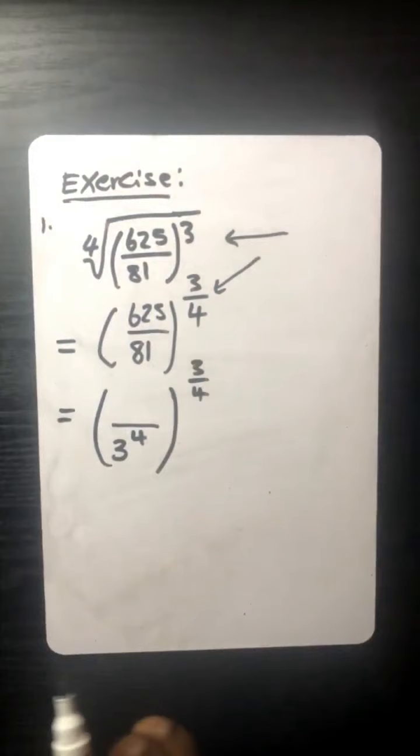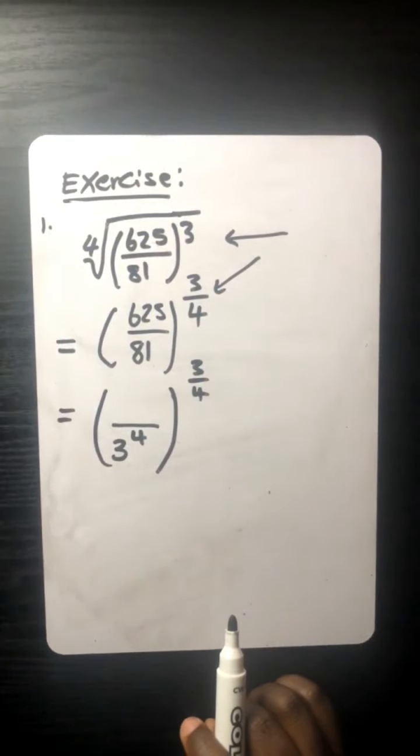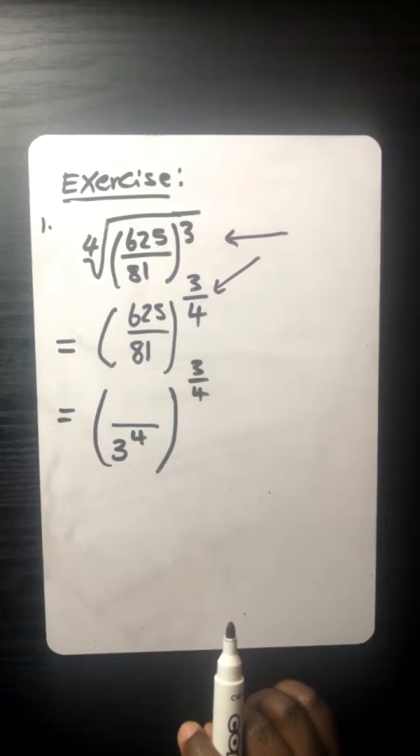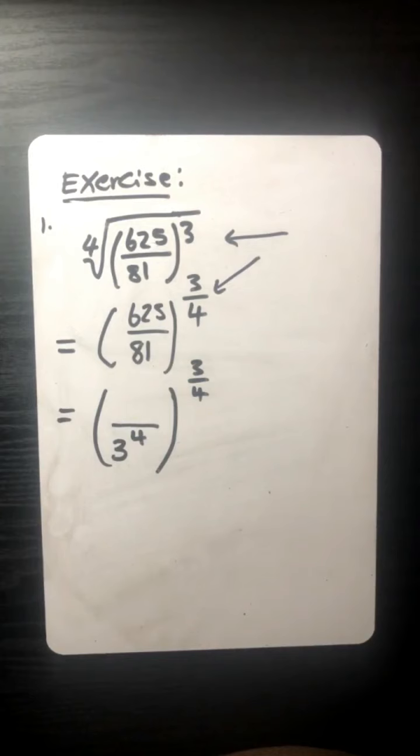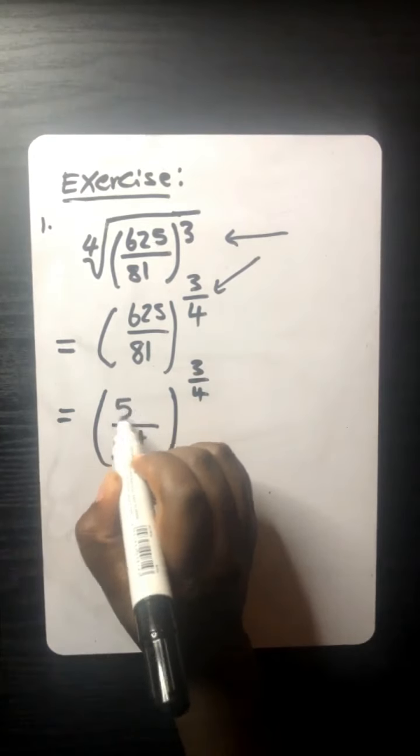Remember, we had to simplify this without using a calculator. So this is how you approach this type of questions where you need to simplify without using a calculator. So what is 625, guys? It will be 5 to the exponent 4. 100%.